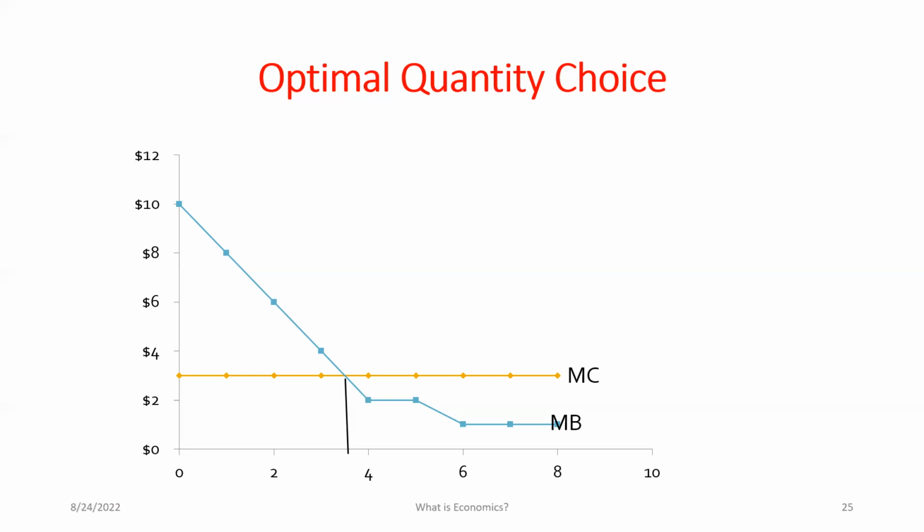And for the fourth beer, the marginal benefit has now fallen below the marginal cost. I'm getting less than what I'm having to pay for that beer, so I wouldn't choose to consume that fourth one. So the optimal number of beers in this example is three. Now, once again, if the cost is 0, notice this just keeps going out.